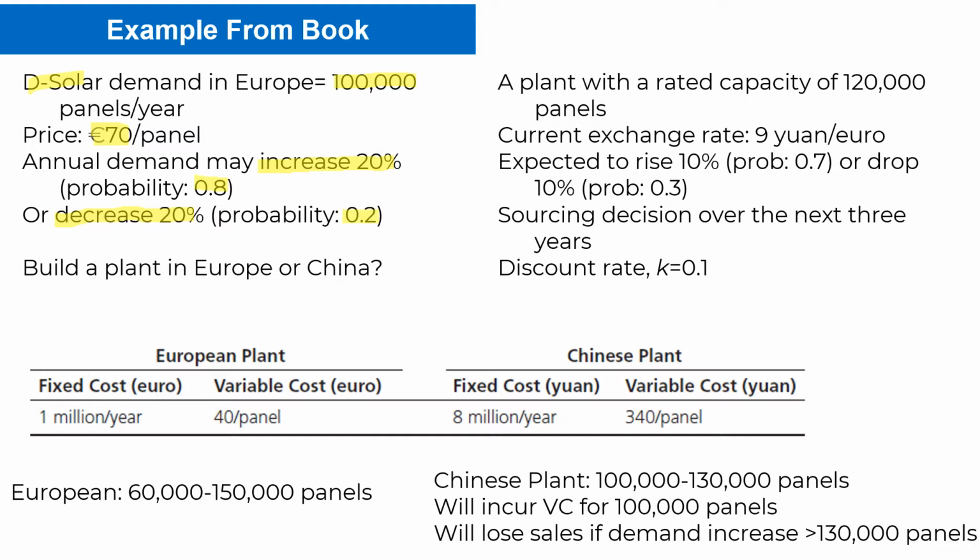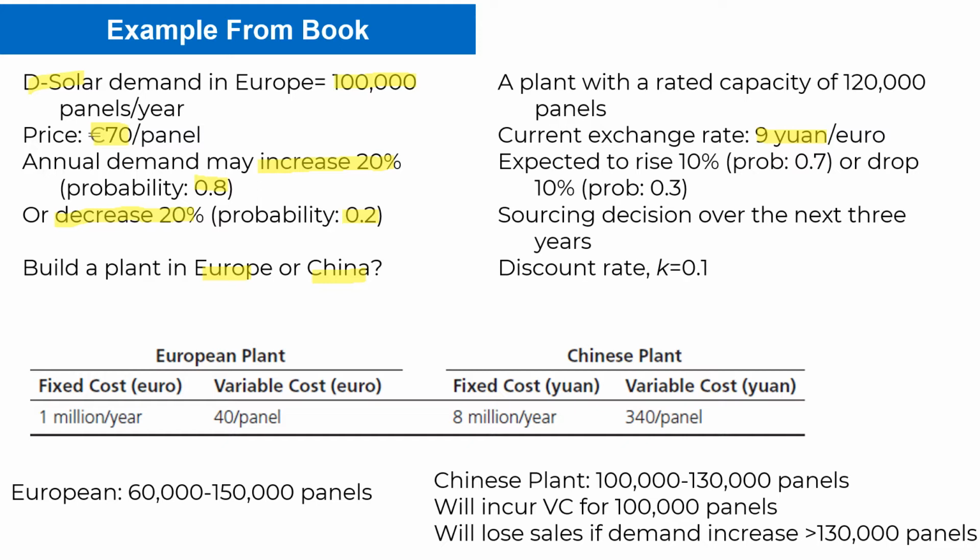And they have to decide where they will build a plant. Is it in Europe or in China? We also have the information here where the plant has a rated capacity of 120,000 panels, and the current exchange rate now is 9 yuan per euro.